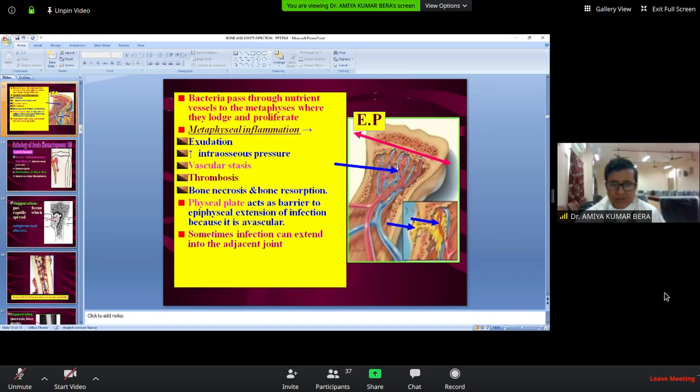All these cause bone necrosis. Thereafter, the body's host mechanism activates to resolve the dead bone and lay down newer granulation tissue.